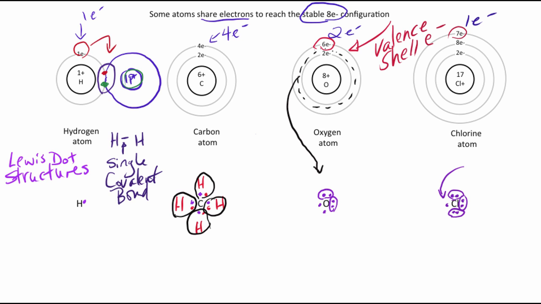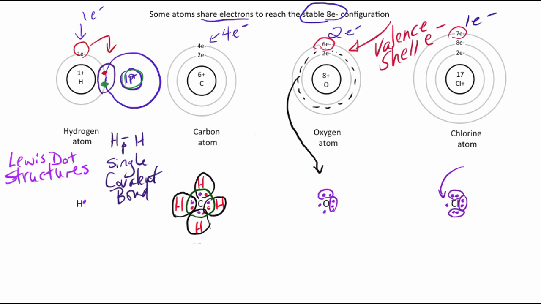And I'm running out of colors here to make my points. Carbon, can I circle 8 electrons around carbon? And indeed I can. 2, 4, 6, 8. That means that carbon has a stable octet of electrons around it. It doesn't have complete ownership of them like an ion would, but it shares them.